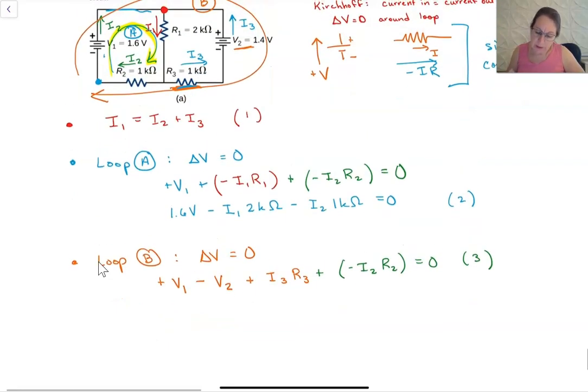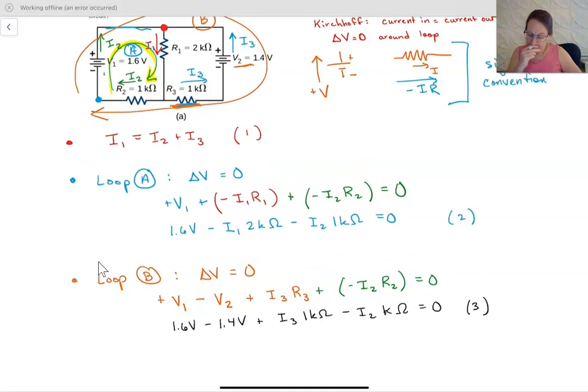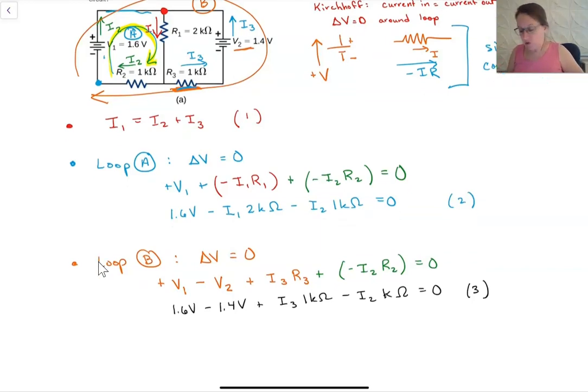For loop B, equation 3: V1 is 1.6 volts minus 1.4 volts plus I3 times 1 kiloohm minus I2 times 1 kiloohm is equal to 0. So this is my new third equation. I have 3 equations and 3 unknowns. My unknowns are current 1, 2, and 3.